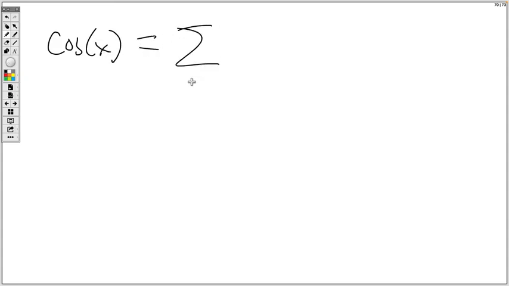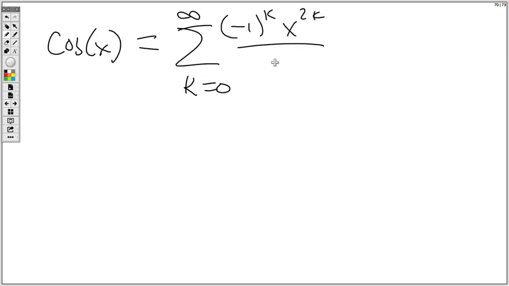So here is what cosine is. Once again, worth remembering. Even powers over even factorials.